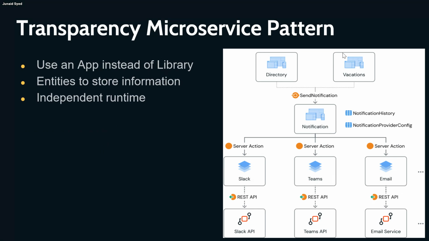Why is the change needed? It's because we wanted to store certain information about the communication which is happening between the directory or vacation applications and all those third party integrations.